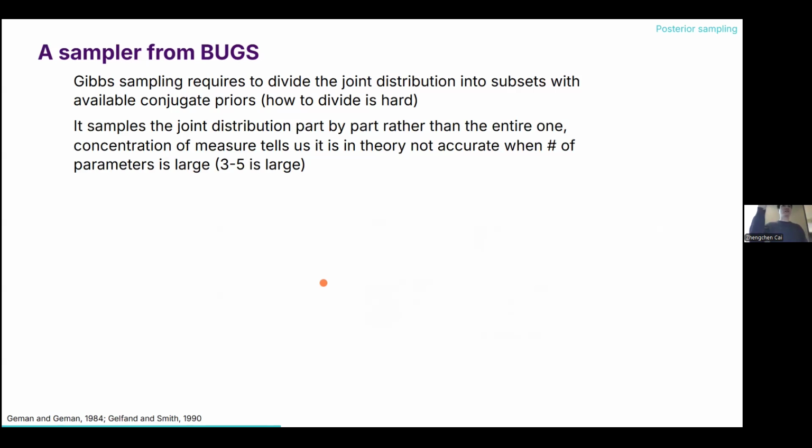And if you move only one parameter to the higher probability mass region particular to that parameter, you are not guaranteed to move to the high probability region for the combination of all. So in theory, if you have a high dimensional model, this sampler will not work very well.